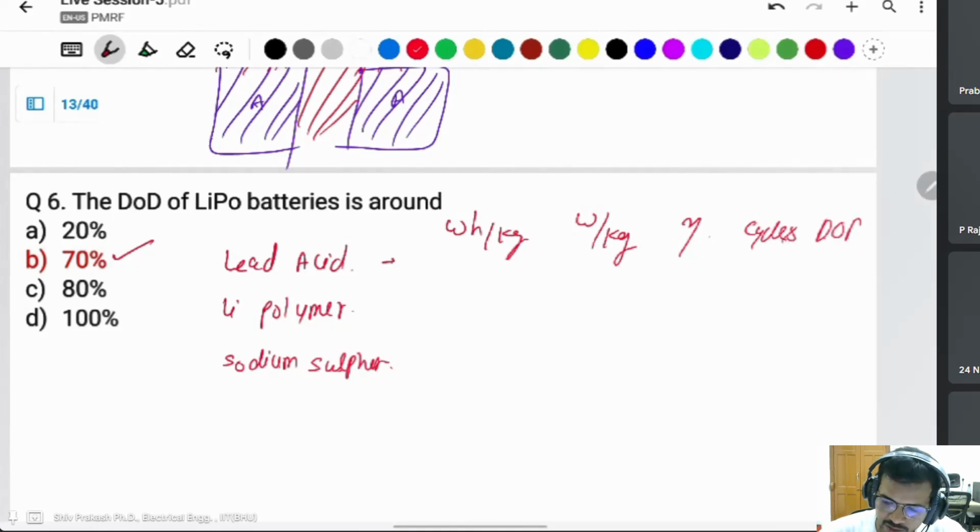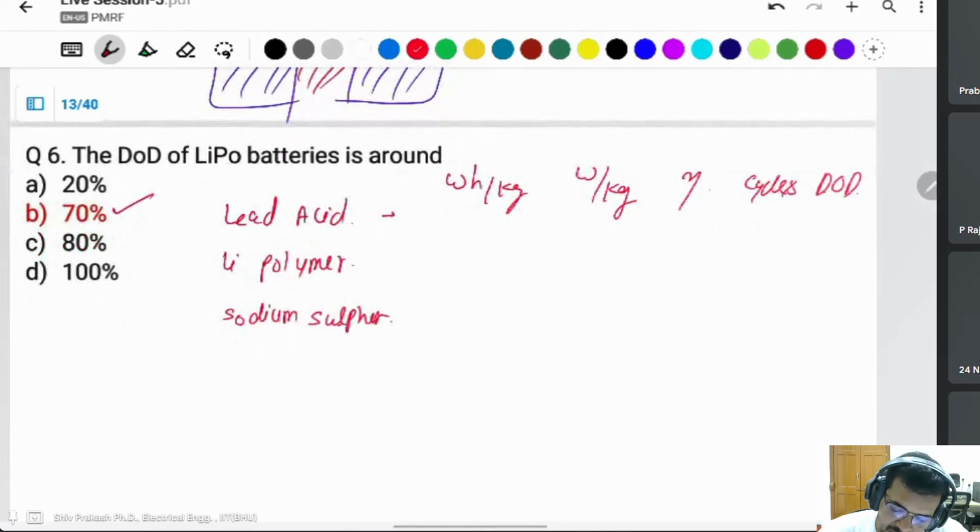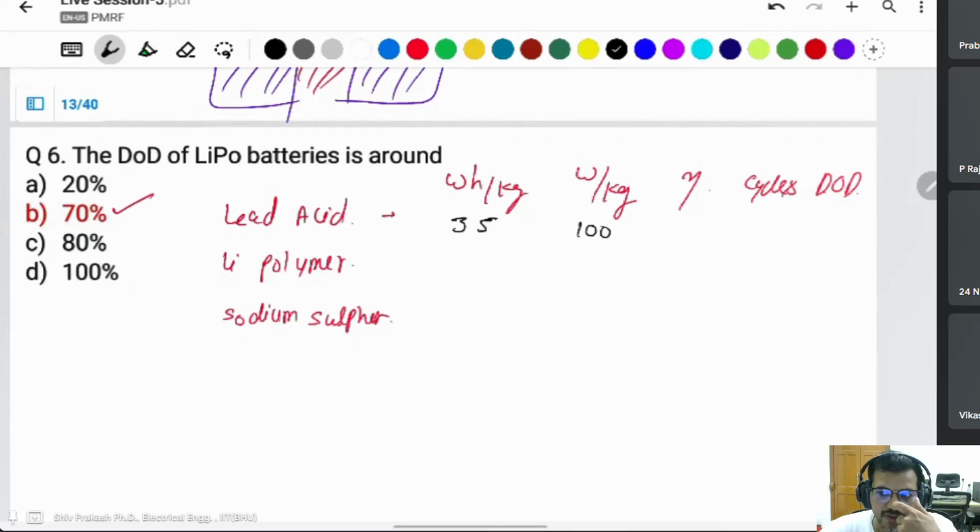DOD also here. Watt hour per kg is the energy density. For lead acid it will be 35 watt hour per kg and 100 watt per kg. It takes a large amount of chemicals and plates for making the anode and cathode electrodes.